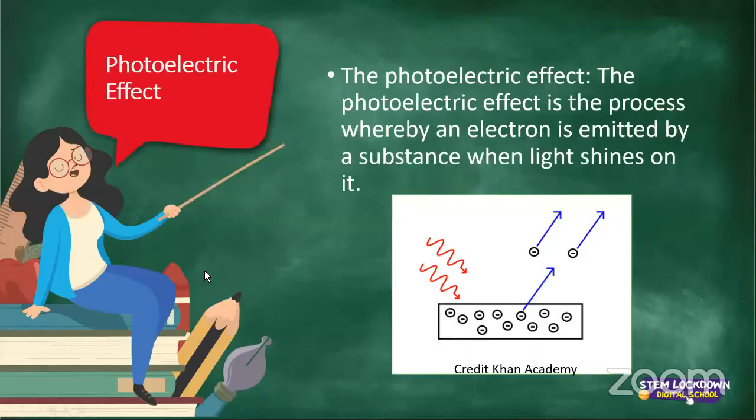Okay, so like I was explaining, the photoelectric effect is just the process whereby an electron is emitted by a substance when light shines onto it. So exactly in that picture, you've got a red wavelength, so a red light, it shines onto that metal, and that is enough energy to cause some of the electrons to become loose and separate from the metal.